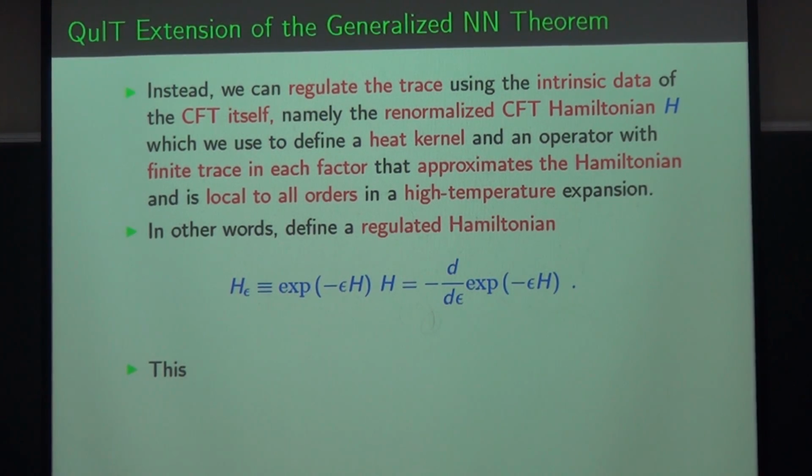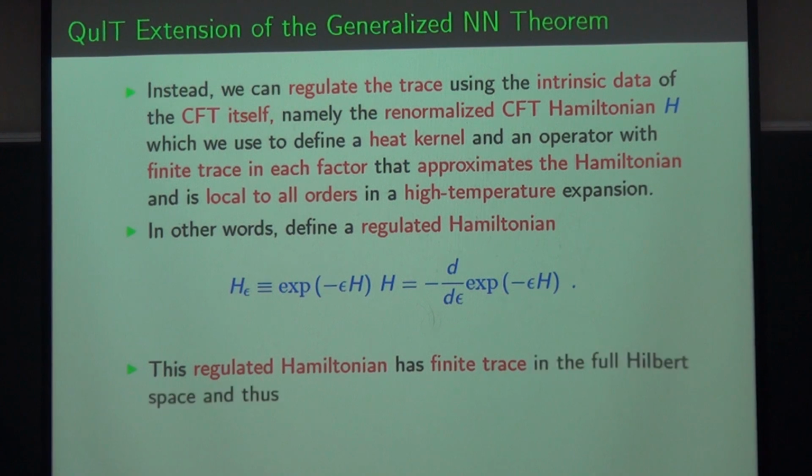We assume that's already been done. We can use that regularization and renormalization procedure and just cut off the trace with the intrinsic data of the CFT itself. We can also do it with a sharp cutoff on energy if we wanted. It doesn't matter. But anyway, the point is this regulated Hamiltonian has finite trace in the full Hilbert space and thus finite trace in each factor individually.